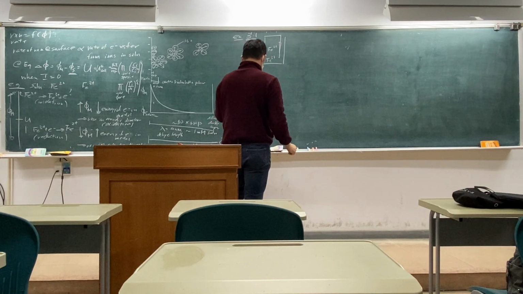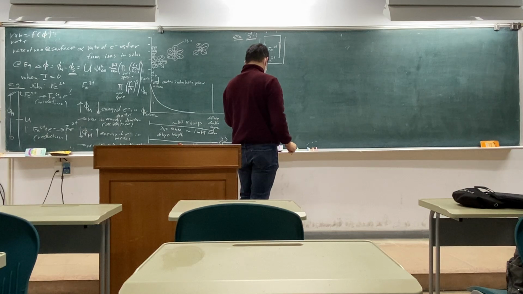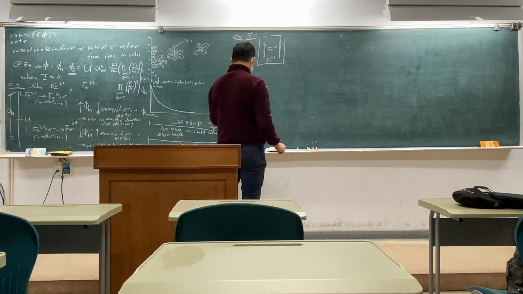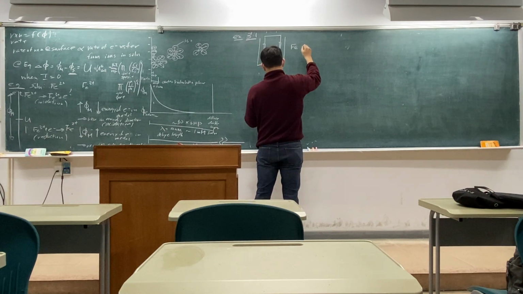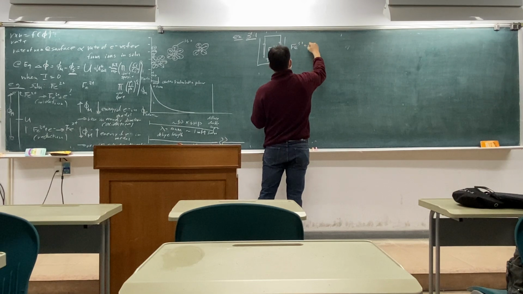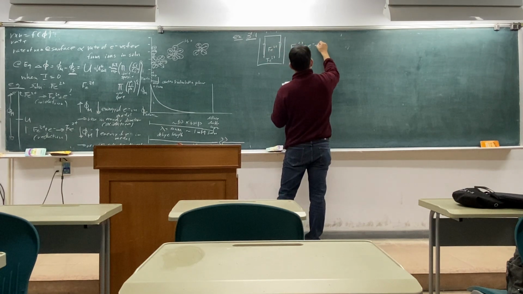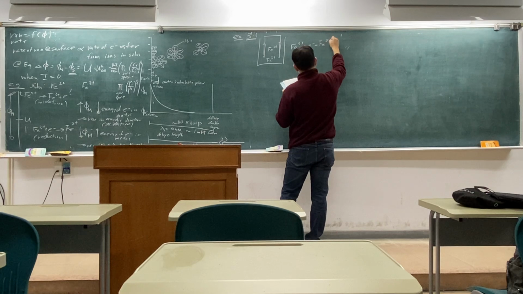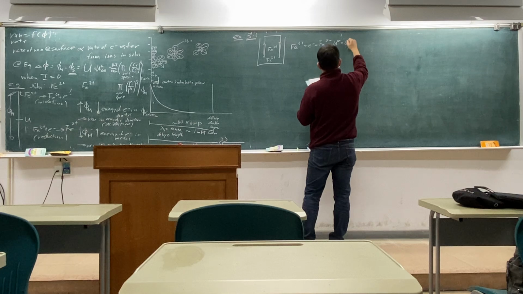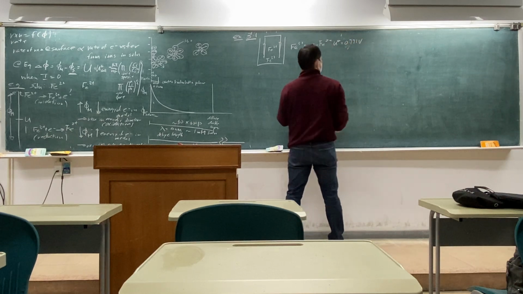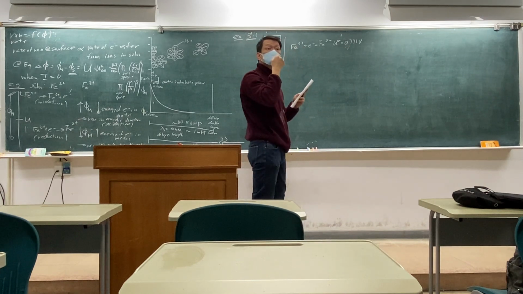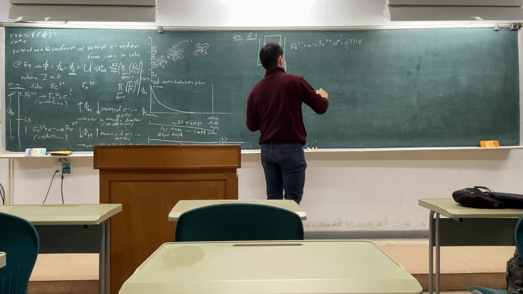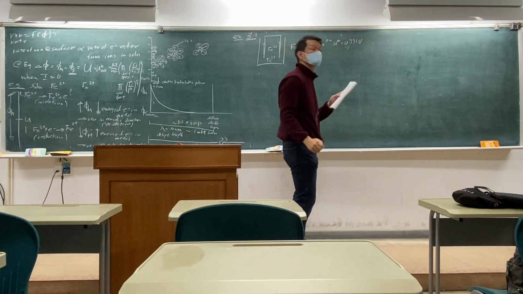With the reaction Fe3+ plus an electron is equal to Fe2+, with an equilibrium potential of 0.771 volts. This is from your Appendix A. This is the standard reduction potential.